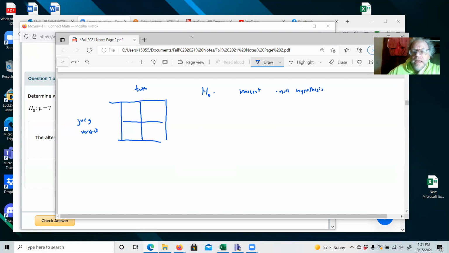And the alternative, I usually call it HA for the alternative hypothesis. But I think your book uses H1 for alternative. So I'll try to go with H1, but I'm going to slip. I'm going to call it HA, and we get not innocent.